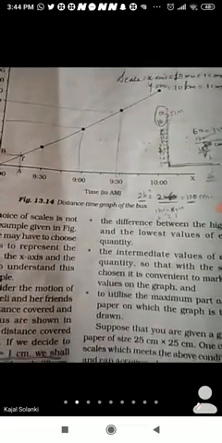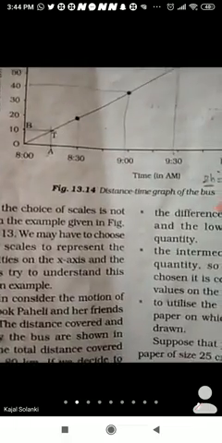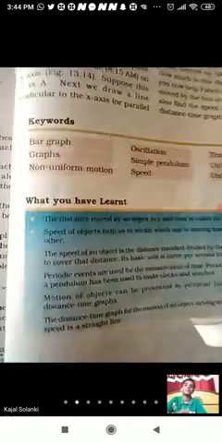Are you all clear, children, here? Yes, ma'am. Okay, now you have to read what you have learned. ये पार्ट आपको रीड करना है. आज का आपका होमवर्क रहेगा.